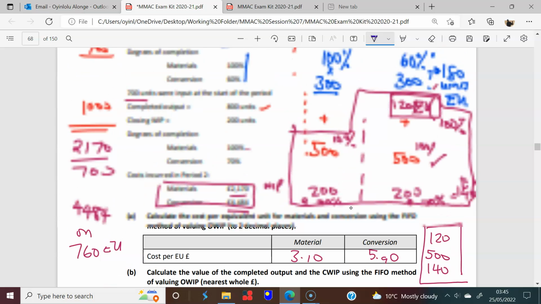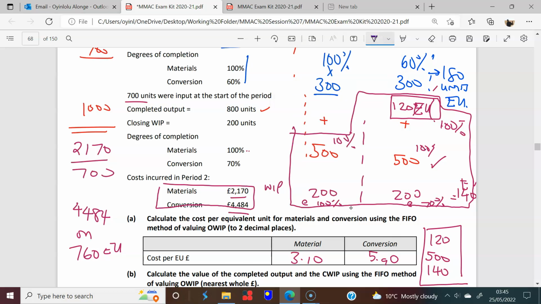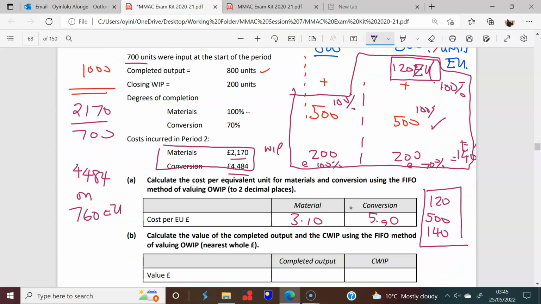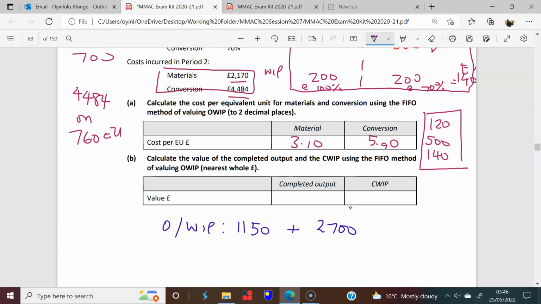Then I'm going to change my pen color to purple and deal with what I spent. Remember, I spent time just finishing off that opening work in progress via this, right? So that was 120 equivalent units, and it was only labor I was doing. So finishing off the opening work in progress, that was £5.90 times the 120 equivalent units, right?